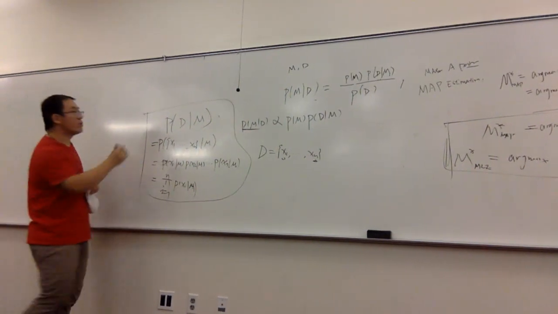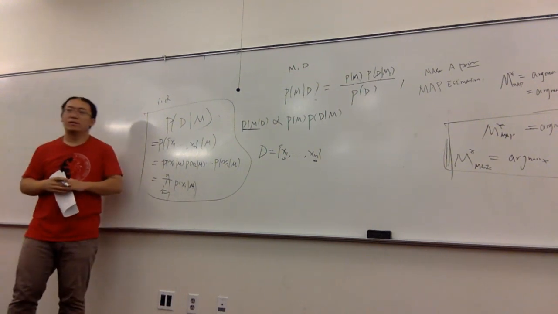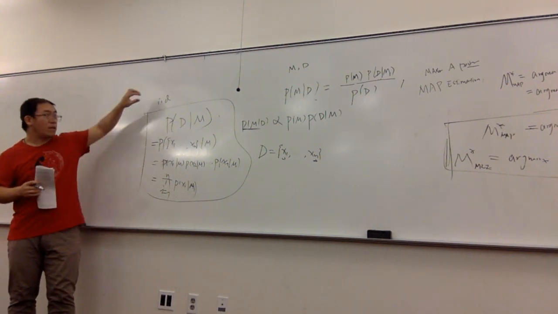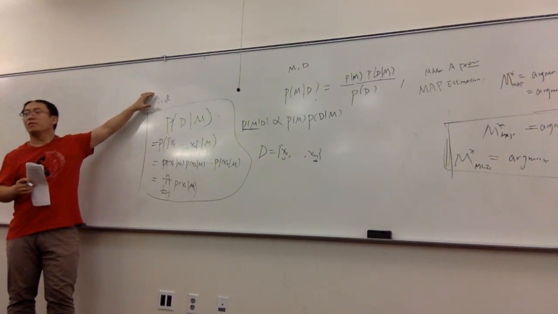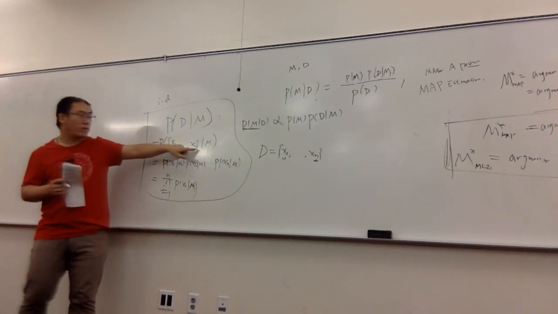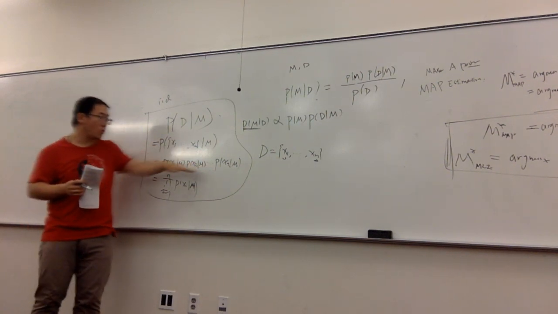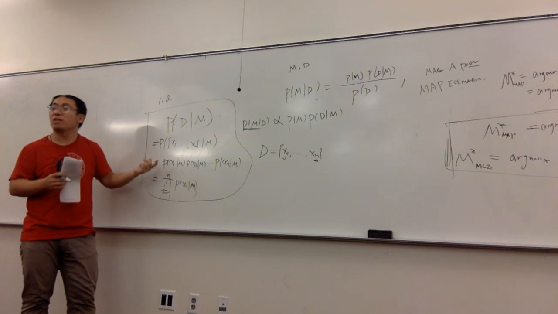This assumption is called the IID assumption: independent, identically distributed. Independent is easy to understand, because we assume their joint probability given M is the product of their marginal probabilities given M. This is the definition of independence.